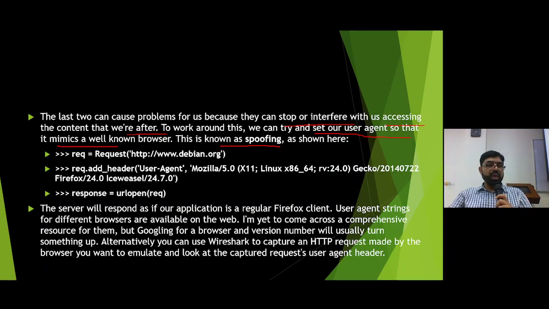So now what you can do is make the request and read the header User-agent. Now we are sending our user agent differently. We are identifying as Mozilla 5.0, blah blah blah, all these details which are for the Mozilla web browser and the Linux operating system, and now the server will respond to our application as a regular Firefox client, right?